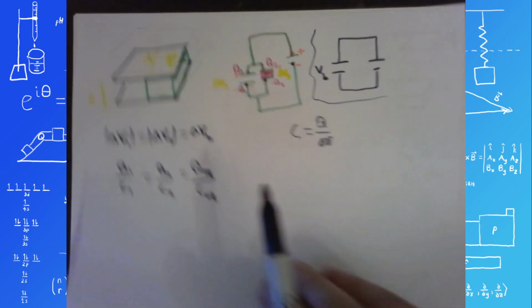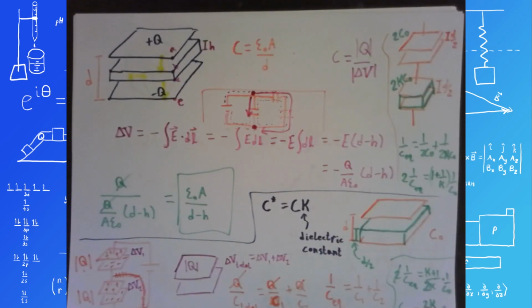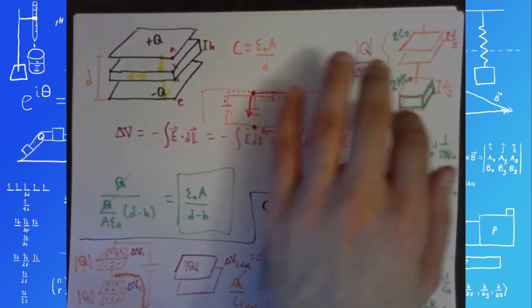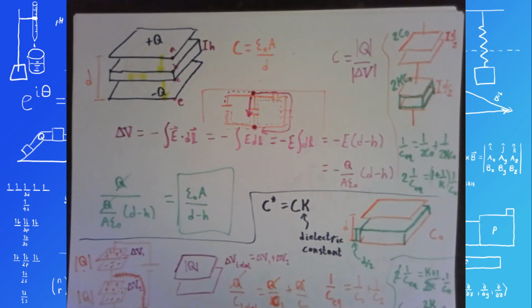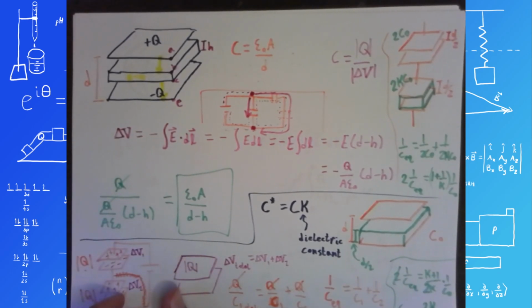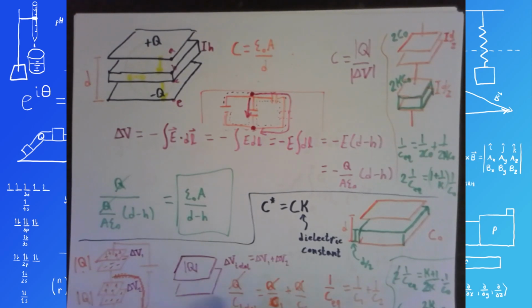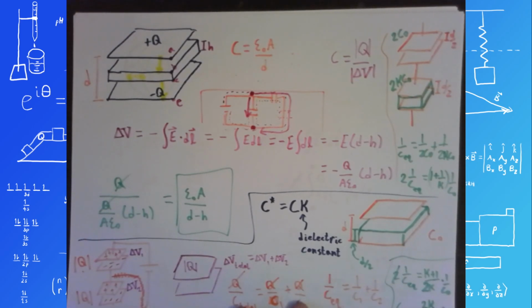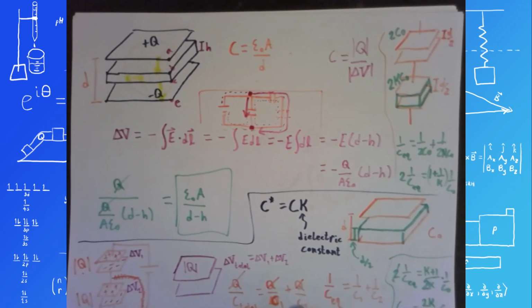Well, what did I do over here? What argument did I make for this one? So I said the charges are the same. And then I created a relationship between the voltages.